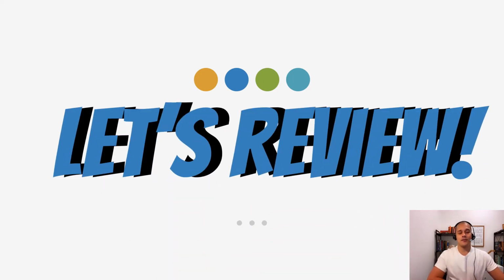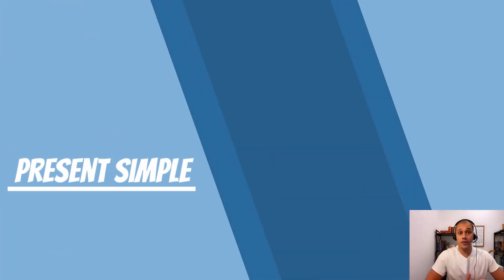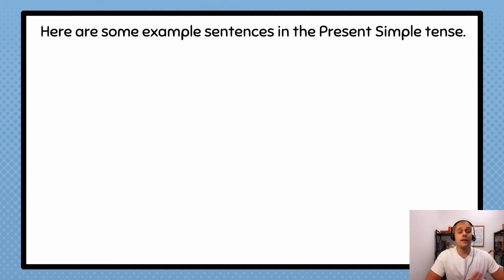Okay, let's review. The first thing that we're going to review talking about the present tenses is the simple present, or as you prefer, present simple. It's the same, just a different name for the same thing. So don't worry. All right. So here are some examples of sentences in the present simple tense.